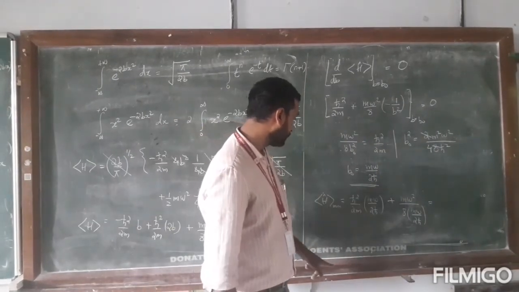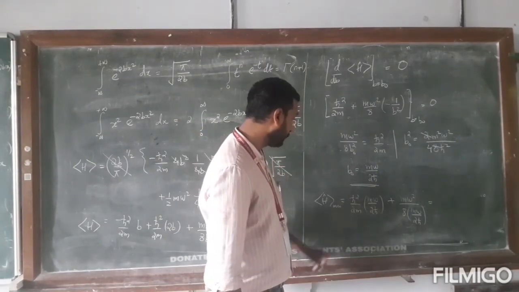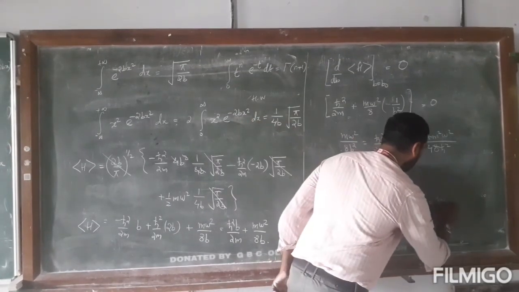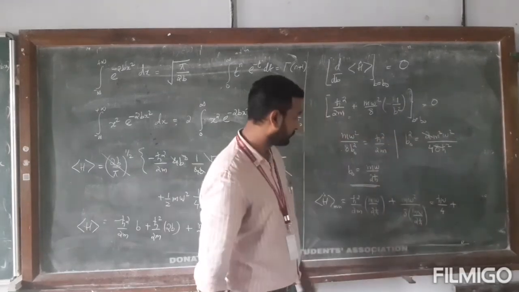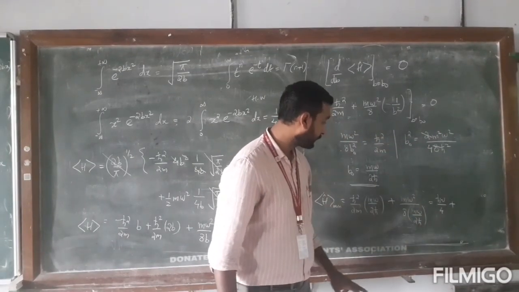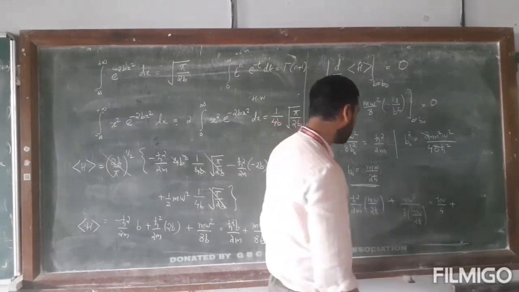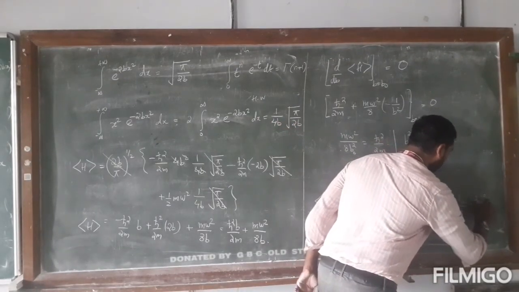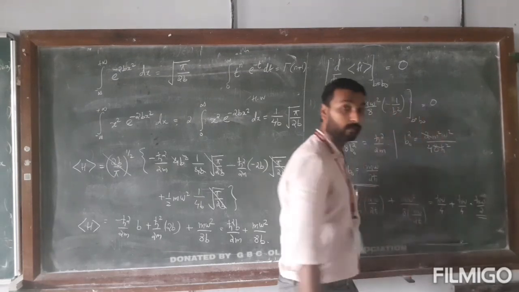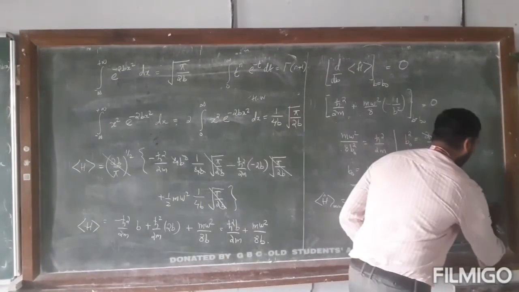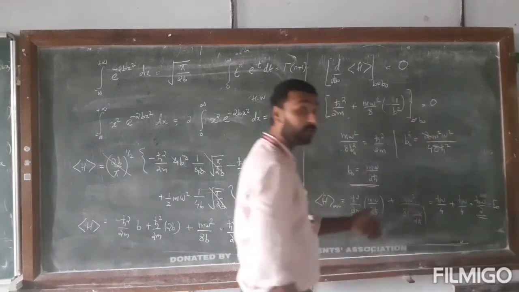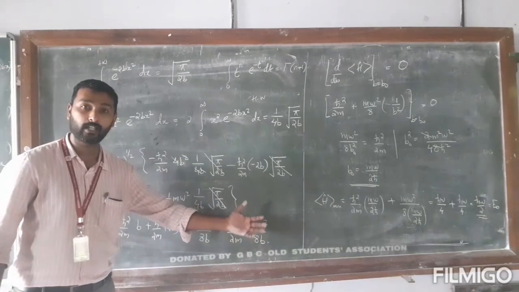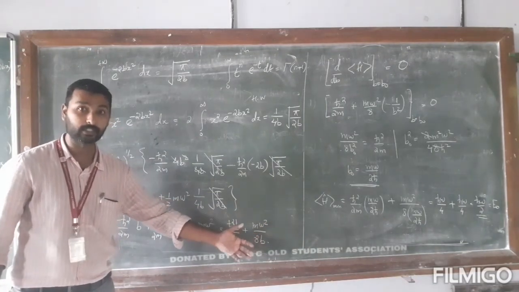One m would cancel, one ħ would cancel, you get ħω by 4 plus, again one m would cancel, one ħ, ħω by 4, and that is exactly equal to ħω/2, the exact value of the ground state energy of the harmonic oscillator. So we are getting the exact value of the ground state energy eigenvalue for the harmonic oscillator.